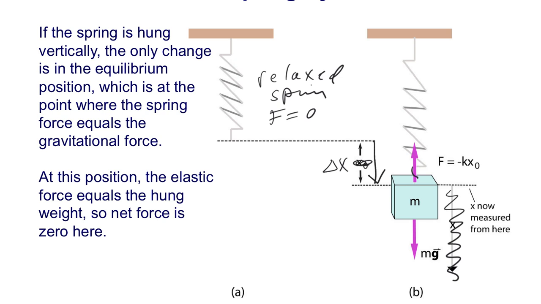The weight you're hanging on it is not moving back and forth. I just have it sitting there. The weight of the block is equal to the restoring force because the object's just sitting there.